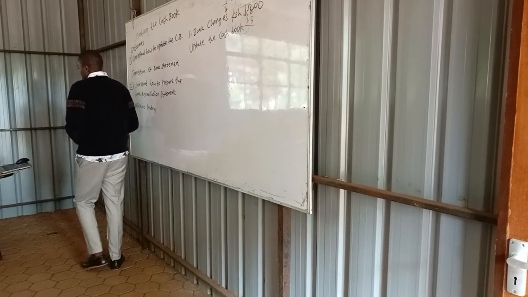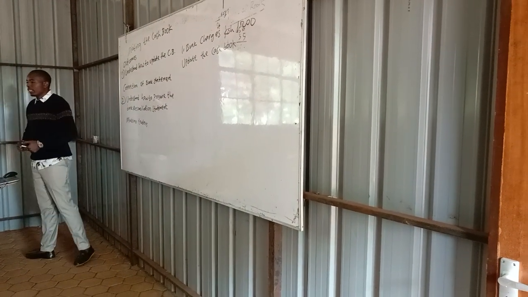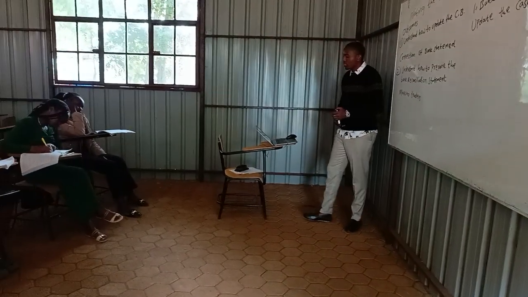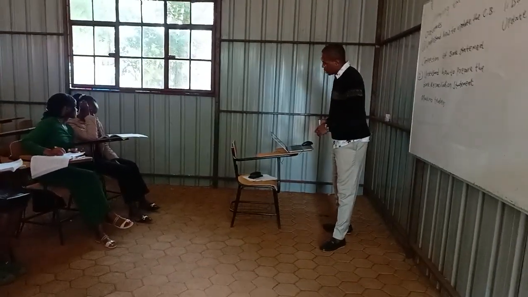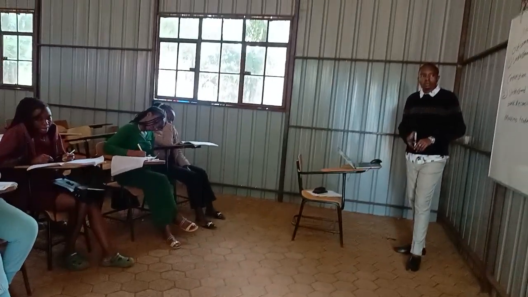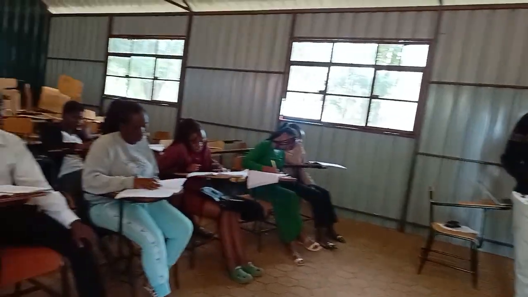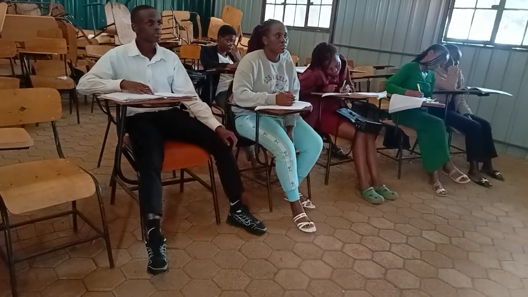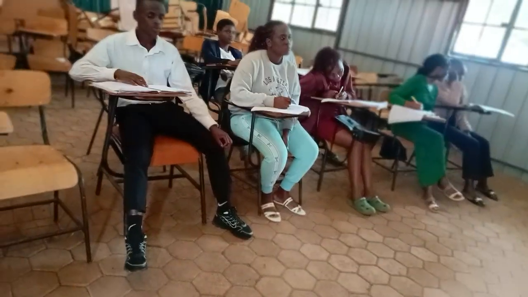As we have said, there are items that appear in the cash book but do not appear in the bank statement. For this one, how do we update the cash book? First, we have the balance as per the cash book.